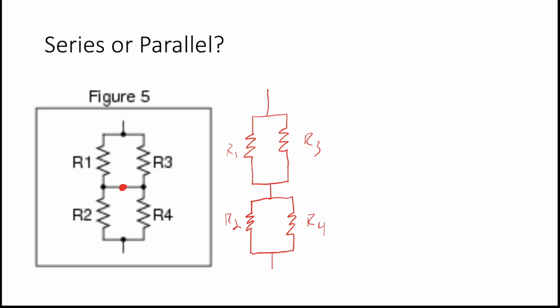As we have a different path for current coming through 1 and 3, that means that 1 and 3 are in parallel with each other. As it recombines and goes through this node, this means that 2 and 4 are also in parallel with each other. But overall, resistors 1 and 3 are in series with resistors 2 and 4.